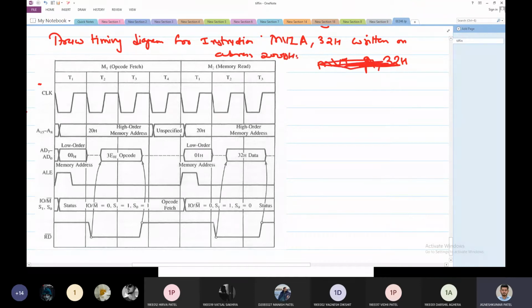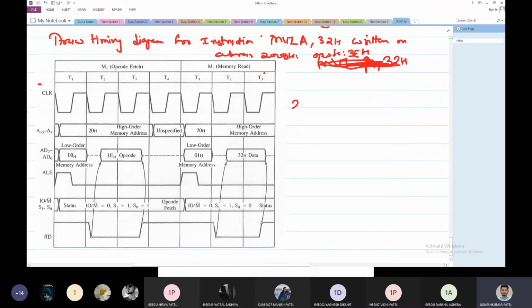This would be the question. Instruction and address would be given. Maybe the opcode will be given. Let us say the opcode for MVI A is given, and that is 3EH.